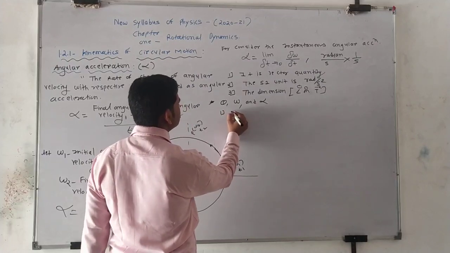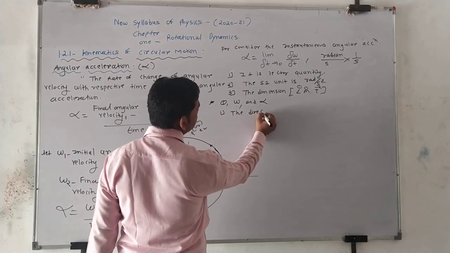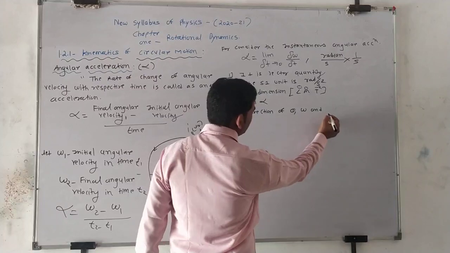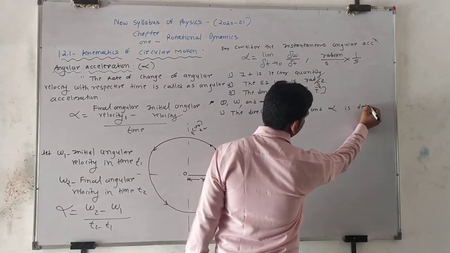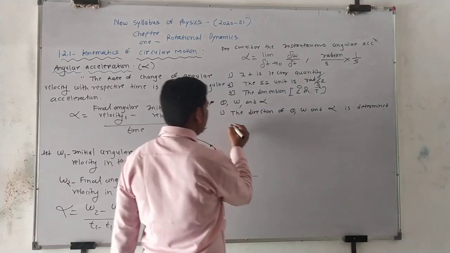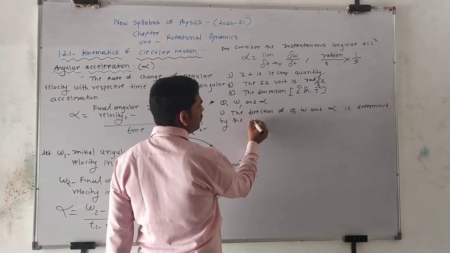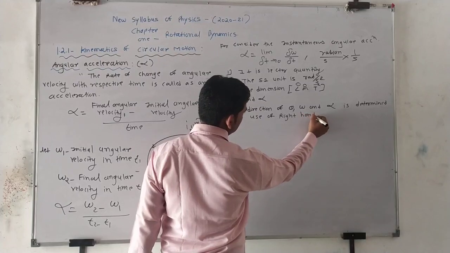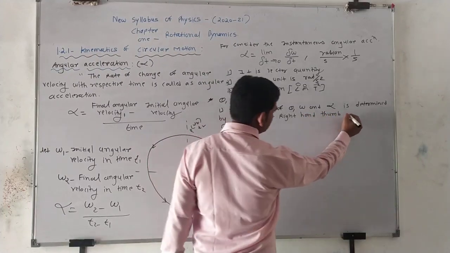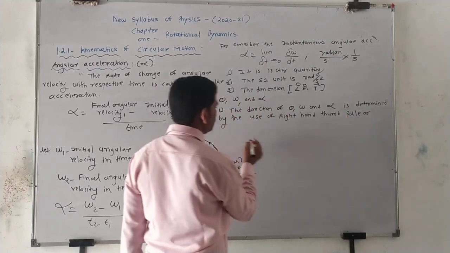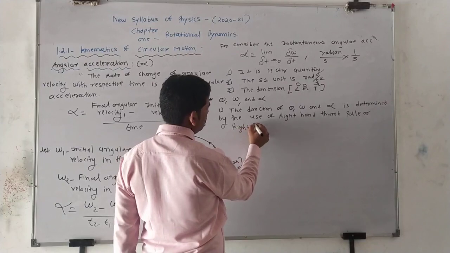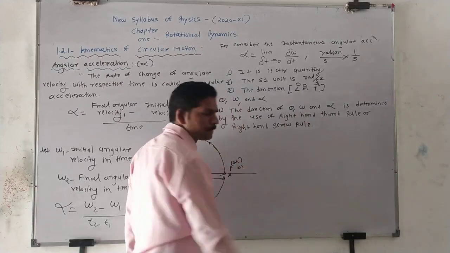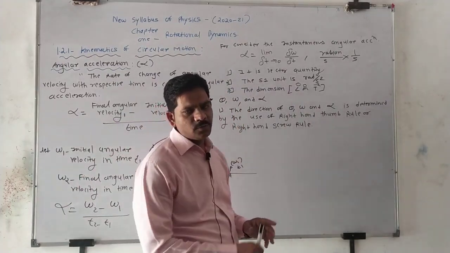Okay, so here the direction of theta, omega and alpha is determined by the use of the right hand thumb rule or right hand screw rule.